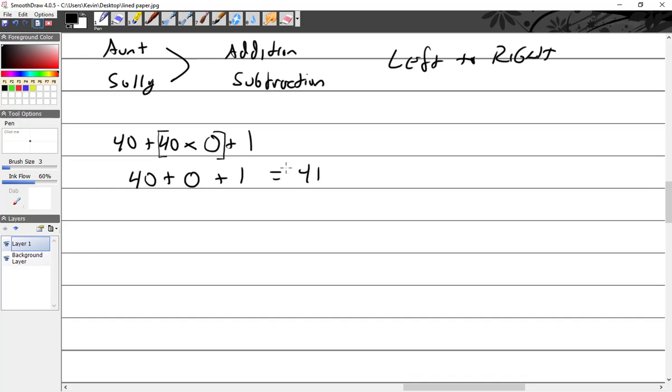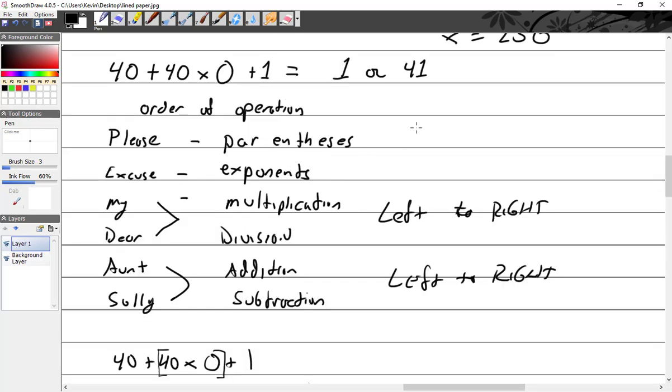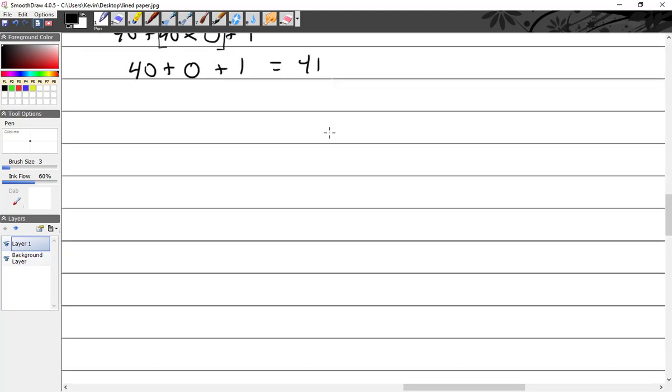As far as parentheses go, you would always do this type of bracketing first, and these type of brackets second. So the square brackets are a higher order than the other ones.